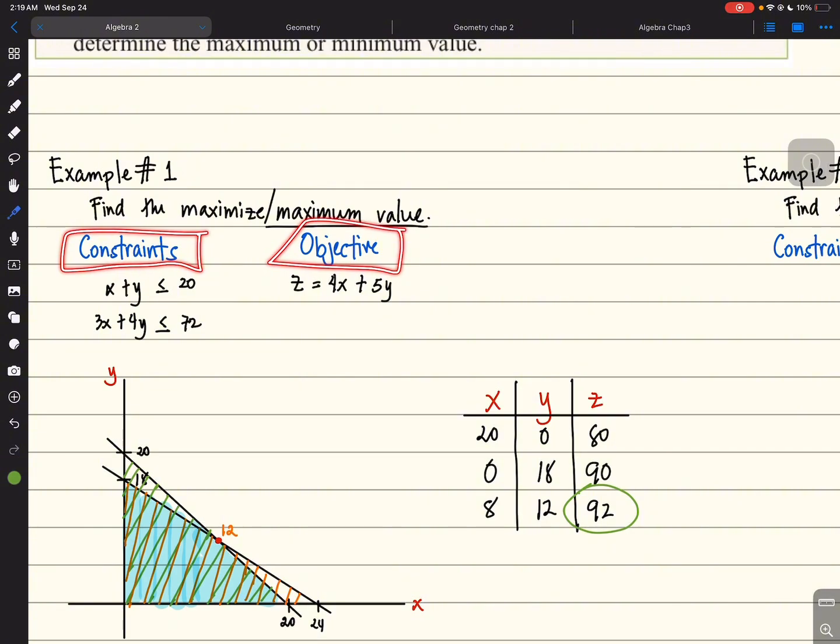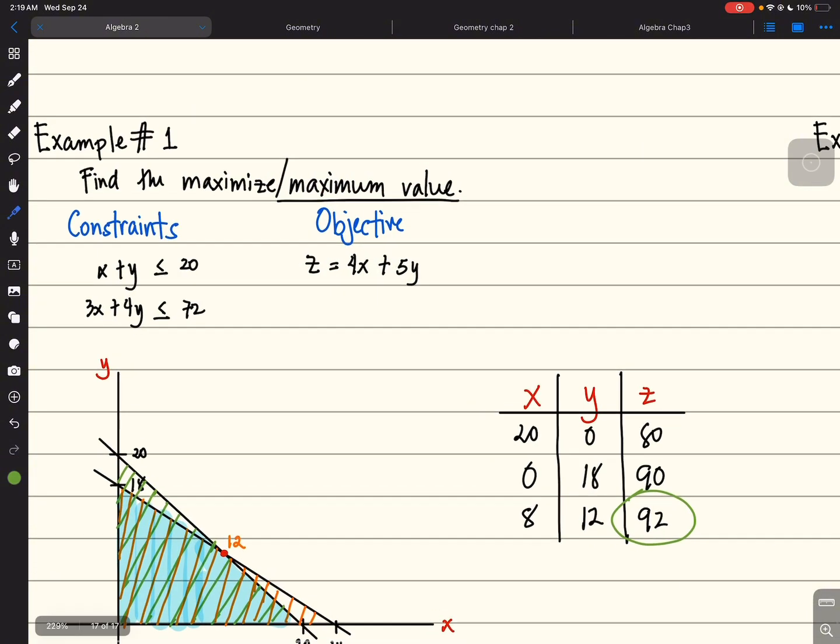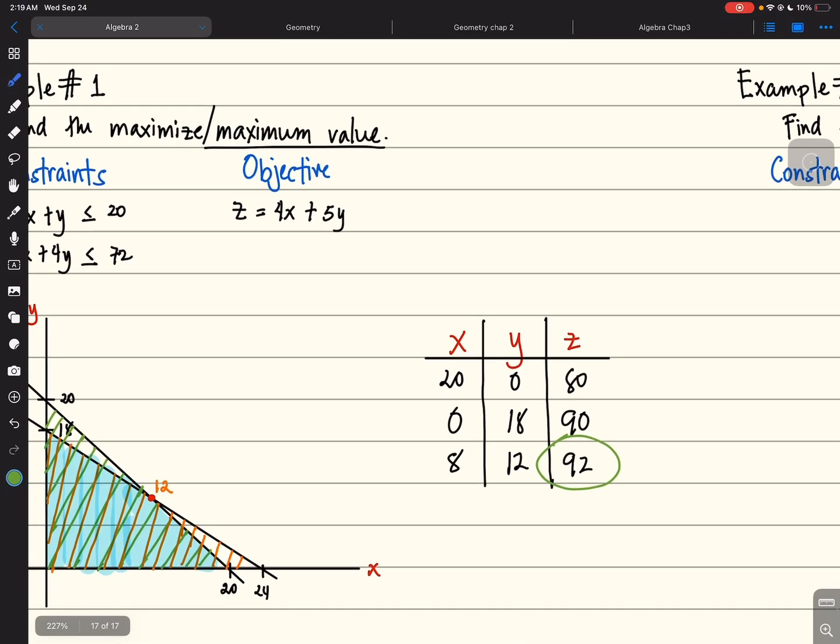So how can we write the answer? Write the answer as this one. Z, sorry, let's write here. Z, okay. Z is, give me one sec.